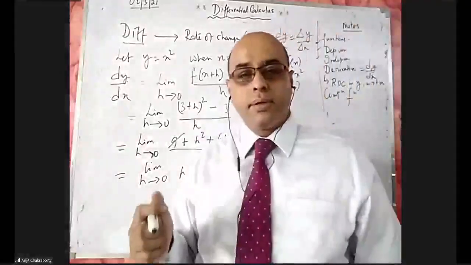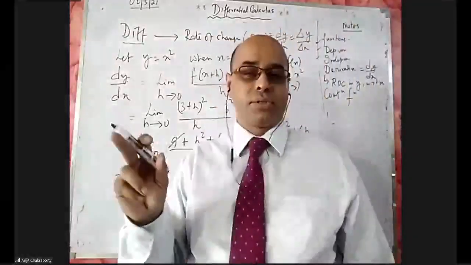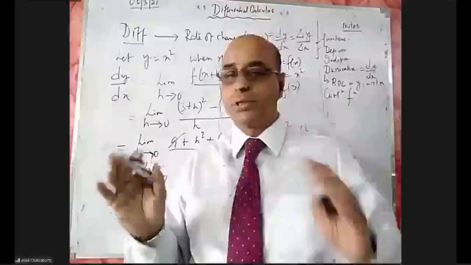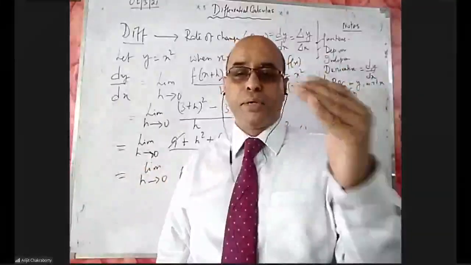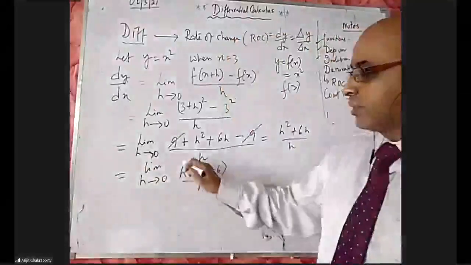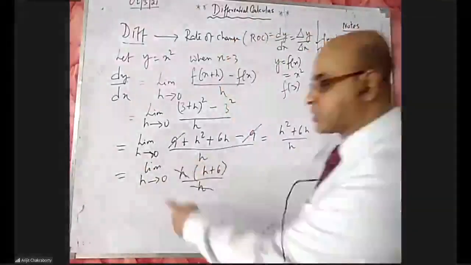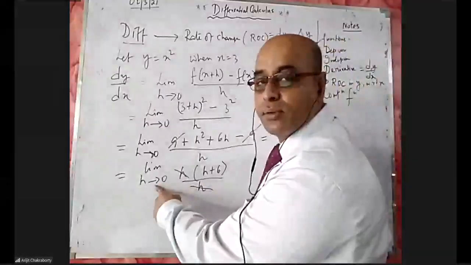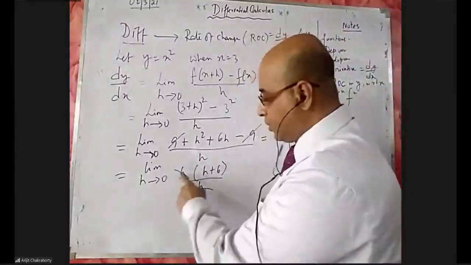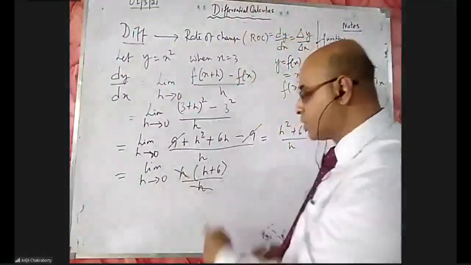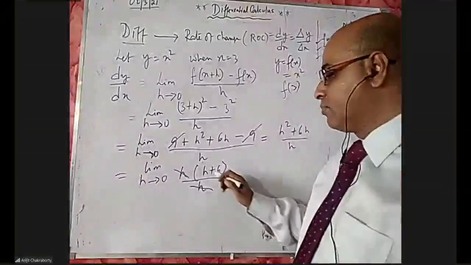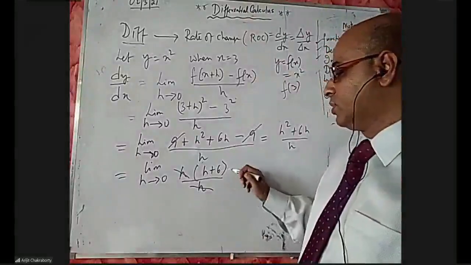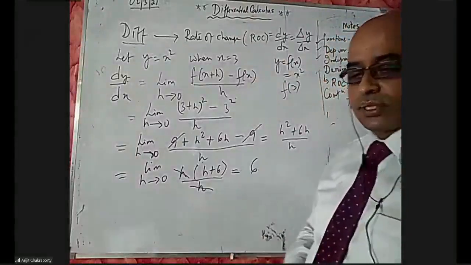Since h is not equal to 0, because if h is equal to 0, we cannot divide by 0. But since h is tending towards 0, but not equal to 0, we cancel h and h. So what we get is h plus 6, but h is tending towards 0, so this effectively becomes 6.